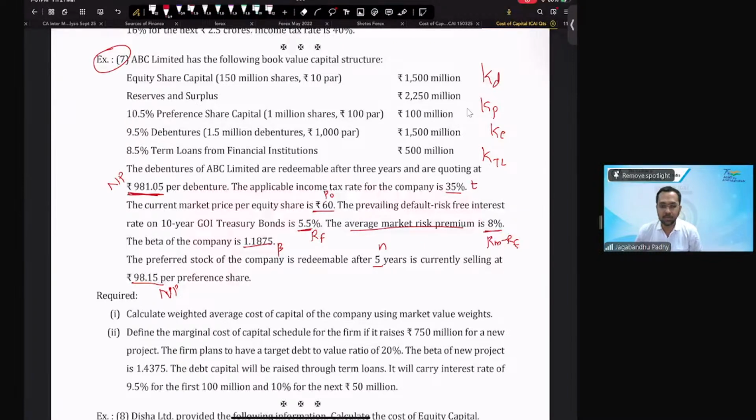Get me these numbers. It's 4 numbers. Because only after that we'll be able to calculate the weighted average cost.